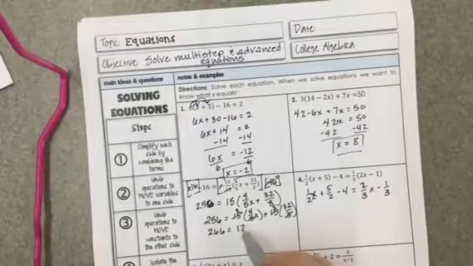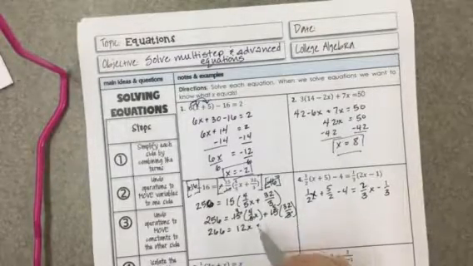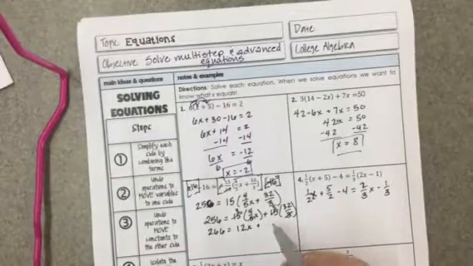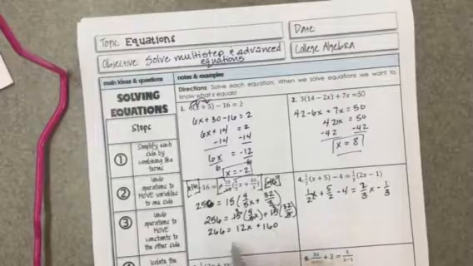3 times 4 is 12, so I'm left with 12x in this term. 32 times 5 is 160. Now I have a pretty simple setup.